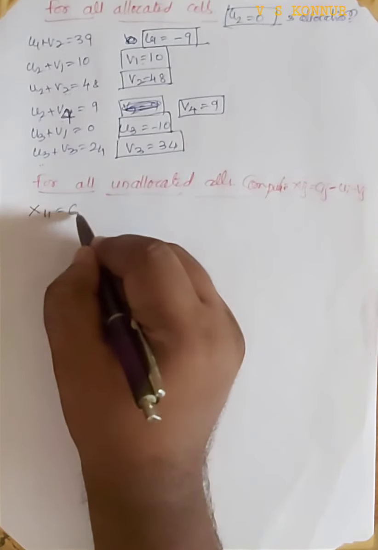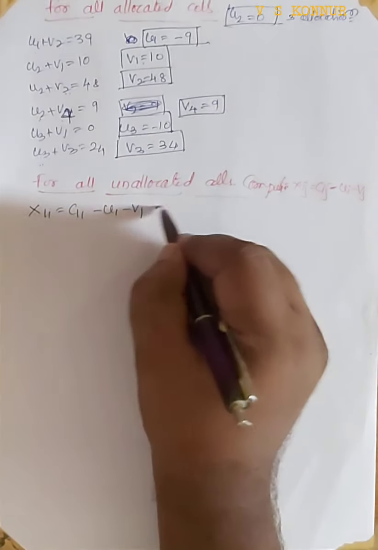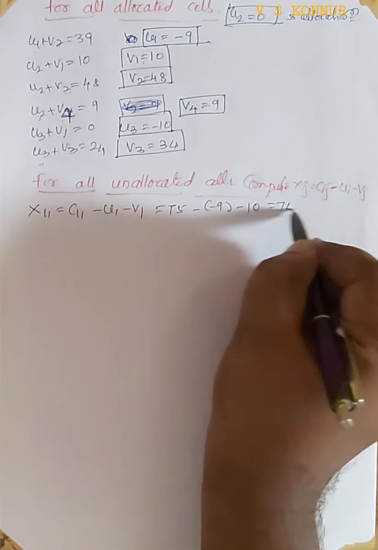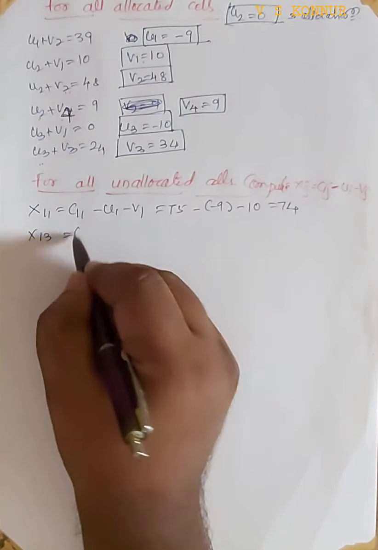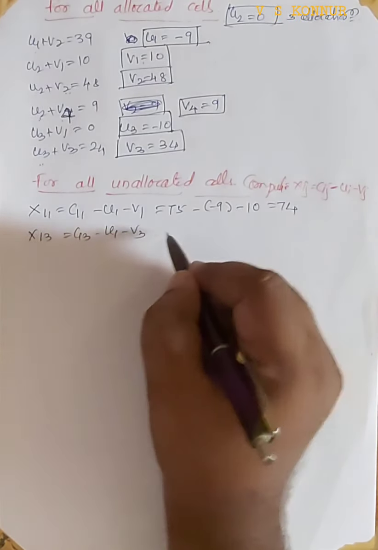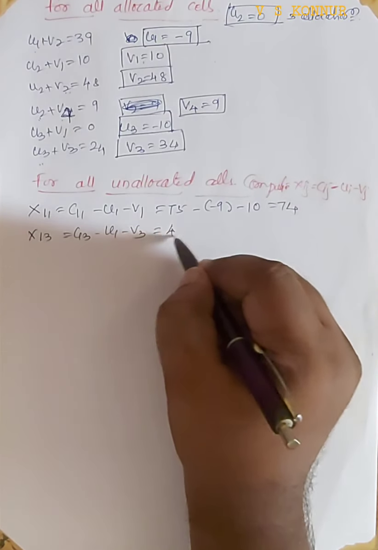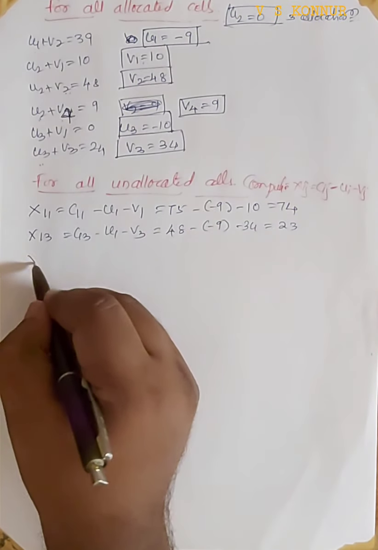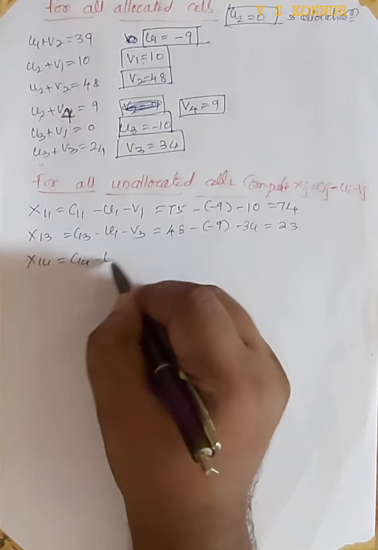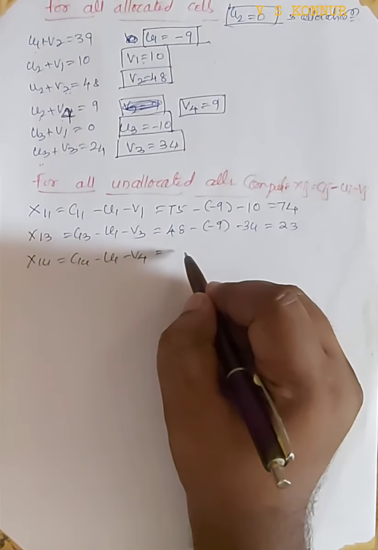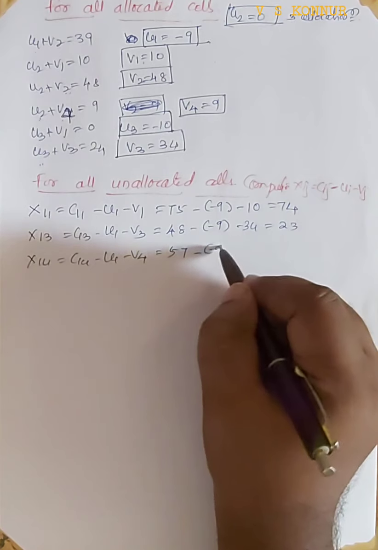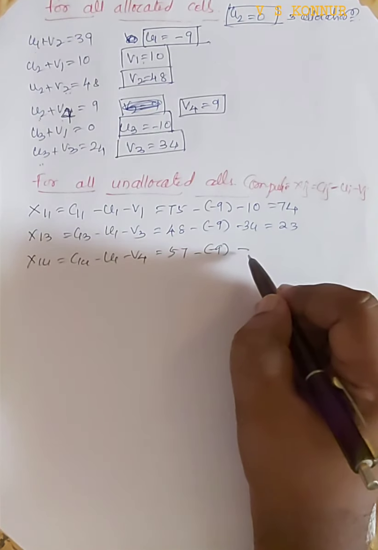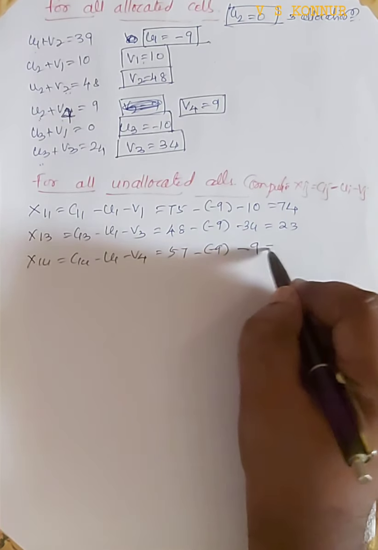x11 is equal to c11 minus u1 minus v1, that is equal to c11 from the matrix, 75 minus of minus 9 minus 10, equal to 74. Next, x13 equal to c13 minus u1 minus v3, that is 48 minus of minus 9 minus 34, we will get 23. x14 equal to c14 minus u1 minus v4, that is 57 minus of minus 9 minus v4, which is 9, so we will get 57.